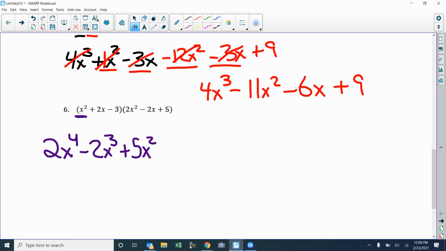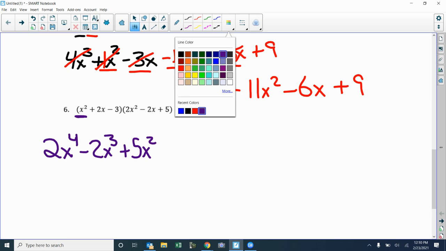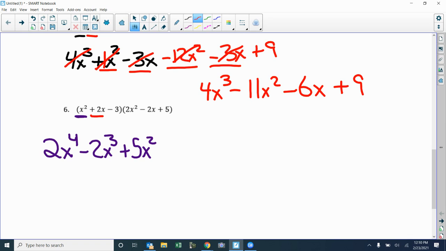Multiply numbers and add the exponents. We'll do a second color here. Positive 2. 2x times 2x squared will be plus 4x cubed. 2x times negative 2 will be negative 4x squared. 2x times 5 would be plus 10x.